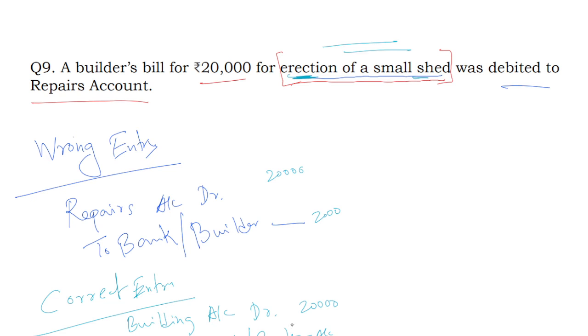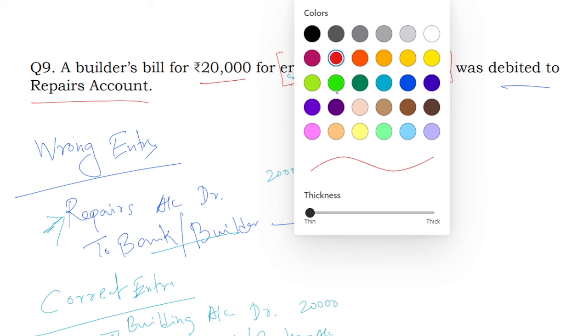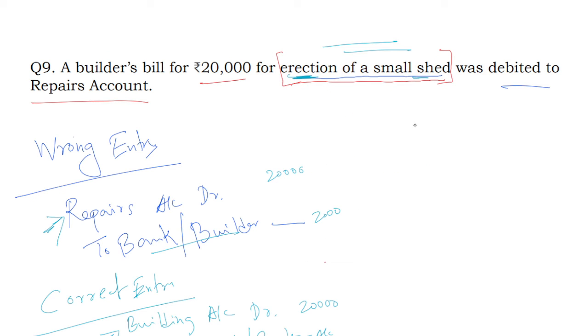Ultimately this portion is there: builder. In the wrong entry and the right entry, both these things are correct. Only thing is that repairs is wrongly debited. It should be credited, and building should be debited. We have to record the building as debit. Okay, this is a rectification entry.